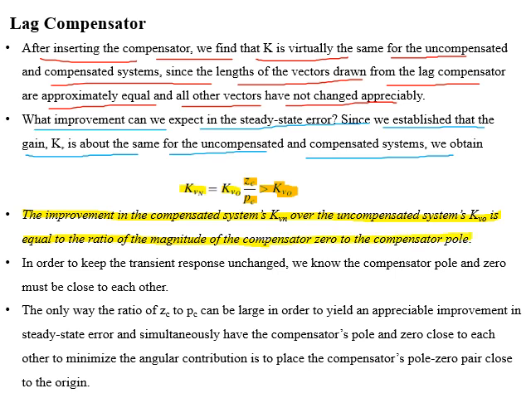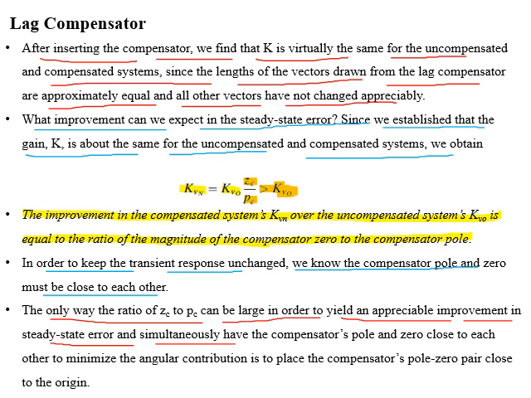Now in order to keep the transient response unchanged, we know that compensator pole and zero must be close to each other, and the only way the ratio of compensator zero to pole can be large in order to give us appreciable improvement in steady-state error, and simultaneously we have the compensator pole and zero close to each other, is to place the compensator pole and zero near to the origin to minimize the angular contribution.